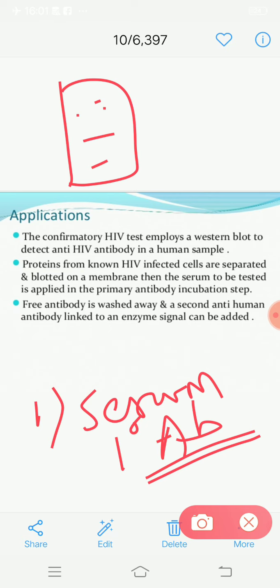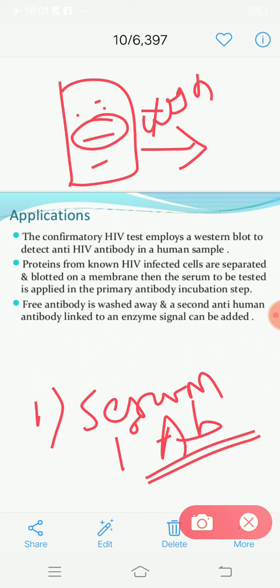It will not be able to recognize these bands and not be able to bind. If the primary antibody does not bind here, then you go for the washing treatment to remove the unbound antibody, and after that you add the secondary antibody, which is radioactively labeled or enzyme linked.